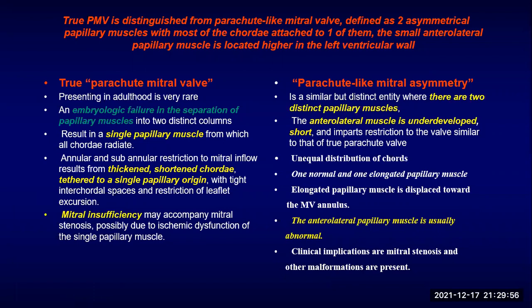In the true type, we have an embryological failure in the separation of the papillary muscle. So we will have a single papillary muscle with thickened and shortened chordae tethered to the single papillary origin, could be associated with mitral regurgitation.